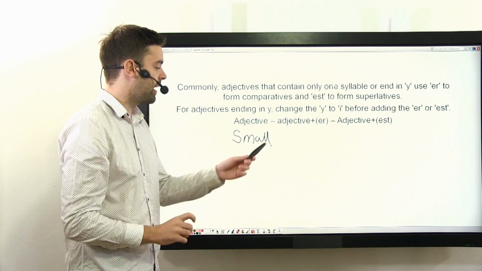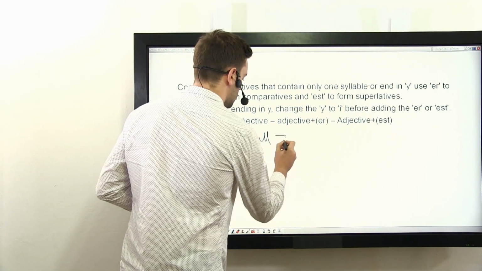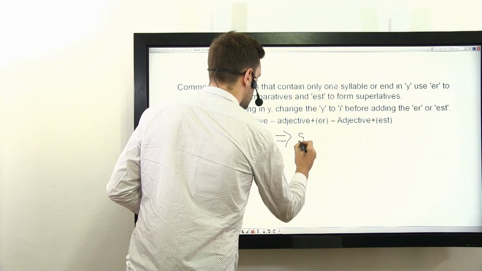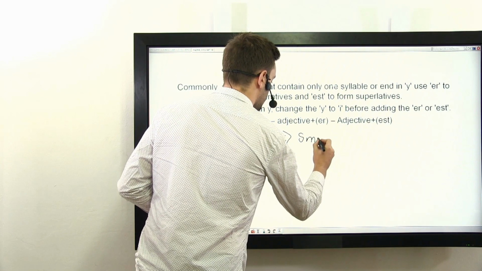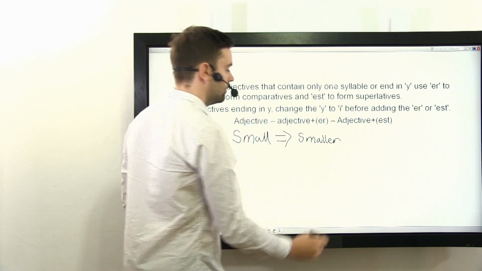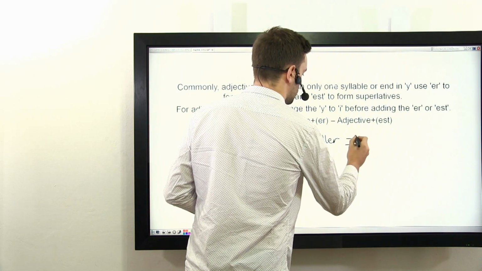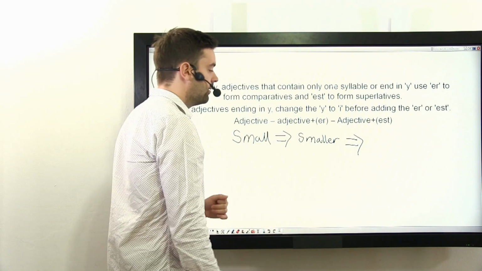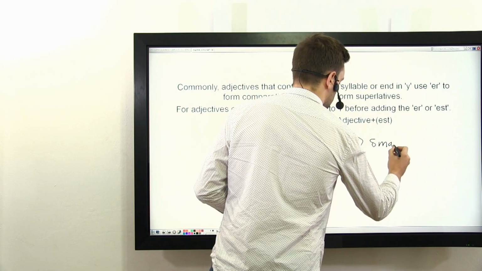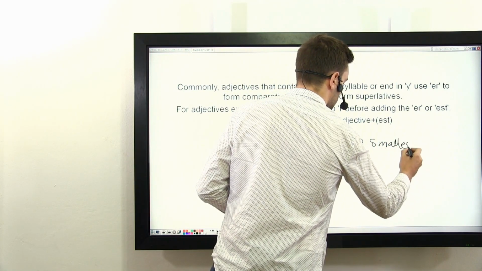If it's the comparative, you add er and you get smaller. Then you get the smallest.